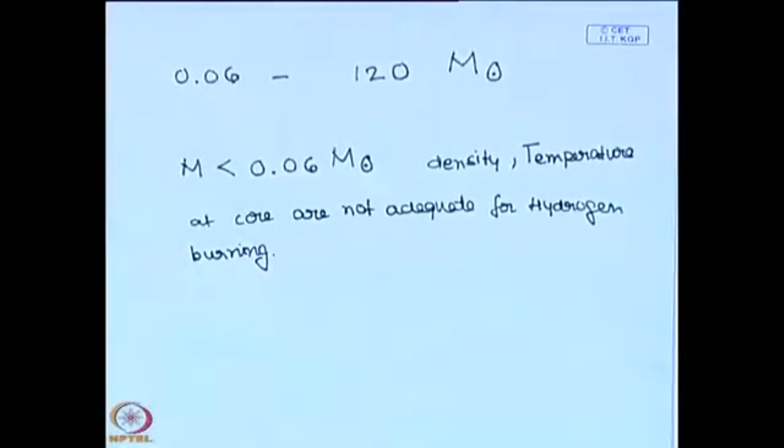So, if you have a mass smaller than this, the nuclear fusion process does not start off. That is the basic thing. So, you do not have a star.